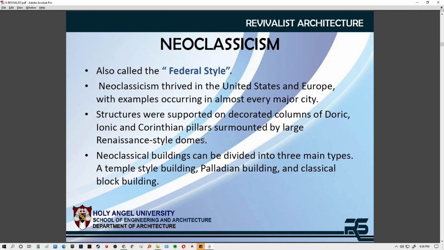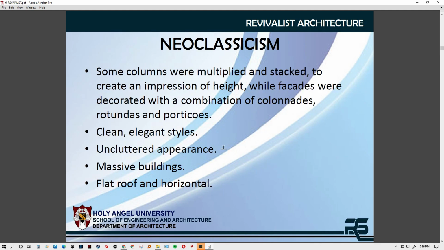Then in Neoclassical, it has three main types of typology. We have the temple style buildings, the Palladian buildings, and the classical block buildings. One of the characteristics that you will see in each of them is that columns were multiplied and stacked, which gives an impression of height.